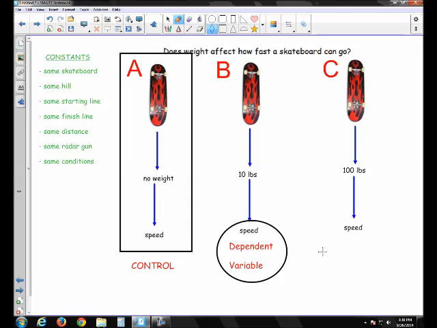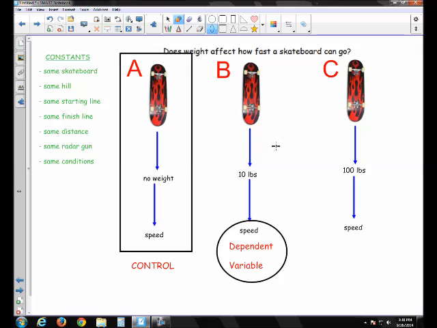Now that leaves the independent variable, and I save it for last because sometimes it's the most difficult thing to identify. There's two ways to figure out what it is. In this case, I know that speed is my dependent variable. It's what I'm measuring. And so I'll ask myself, what do I think is going to influence or affect the speed?